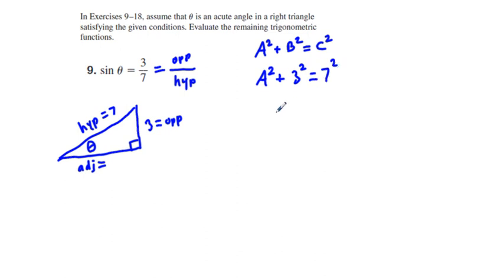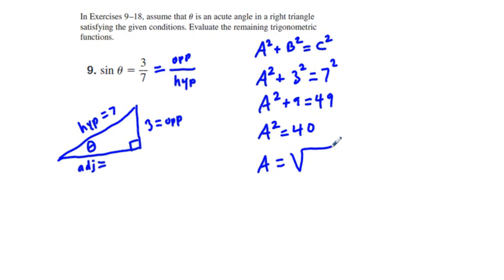So a squared plus 9 equals 49. 7 squared is 49. And so subtracting 9 from both sides of this equation, we have a squared is equal to 49 minus 9, or 40. And taking the square root of both sides, we have the square root of a squared, a, equals square root of 40.